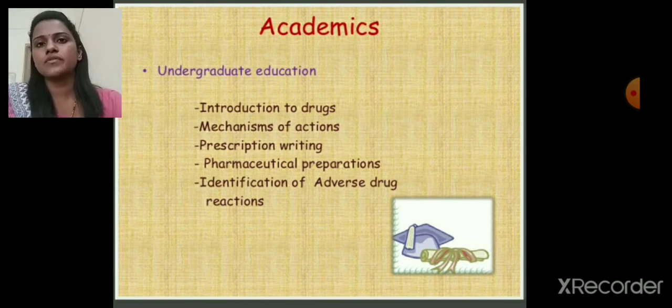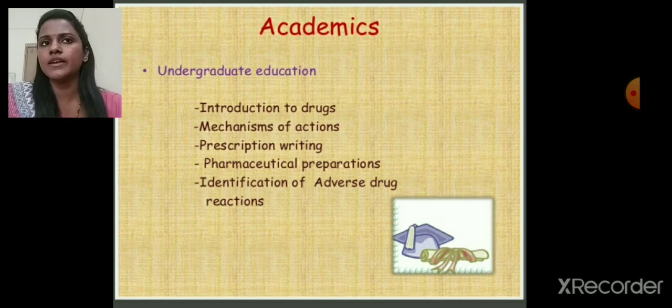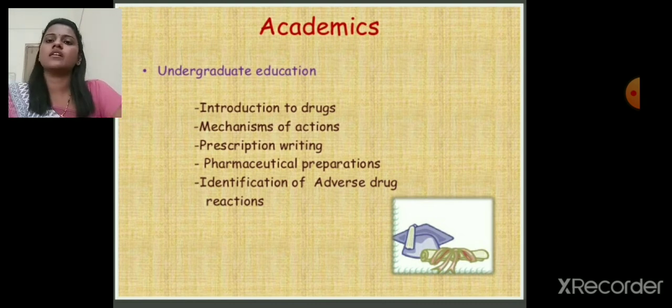In case of industry, there are certain R&D departments where the preclinical and clinical studies are done with the help of pharmacological principles.